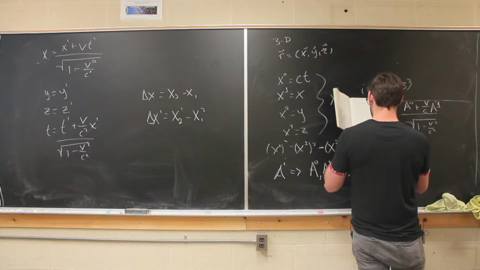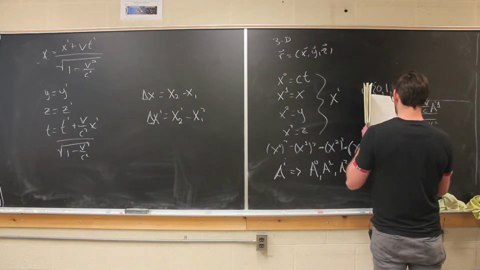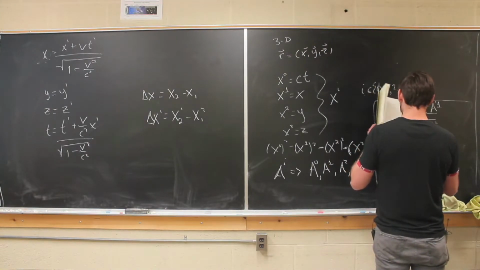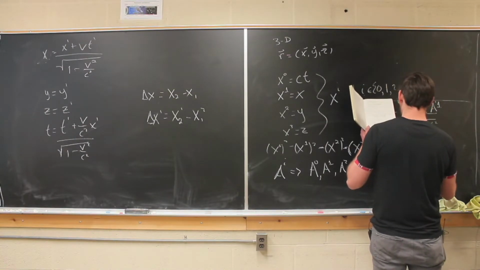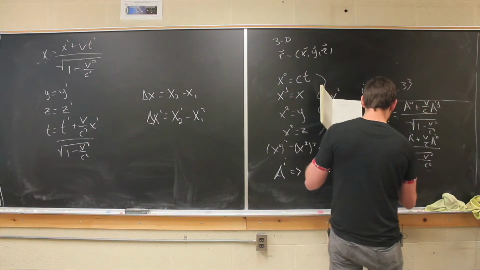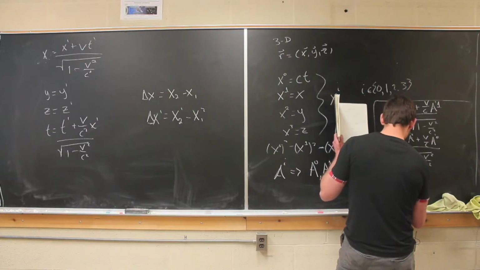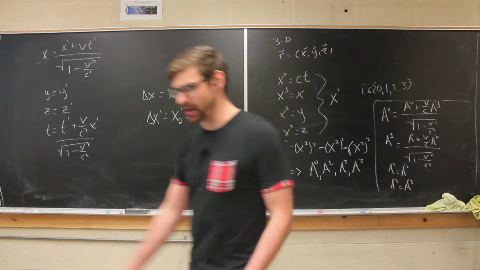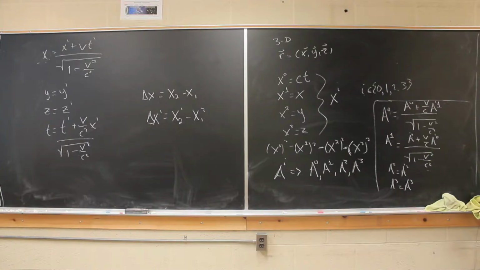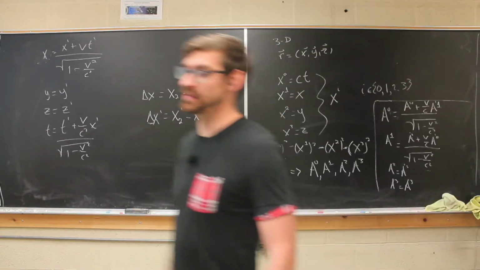And a1 is going to be a'1 plus v over c times a'0, divided by the square root of 1 minus v squared over c squared. Then a2 equals a'2, and a3 equals a'3. Again, we're worried about transforming under a Lorentz transformation, given the same setup that we had before.